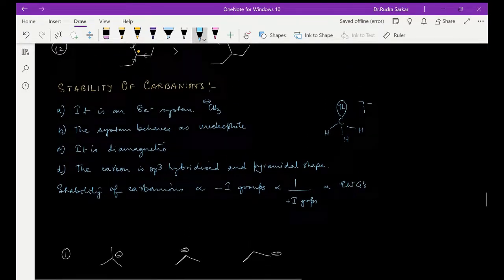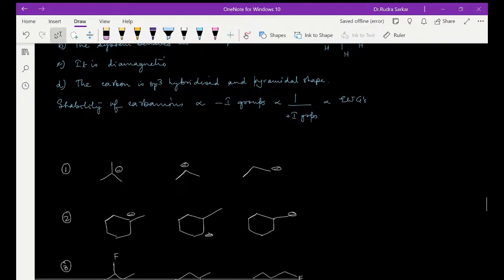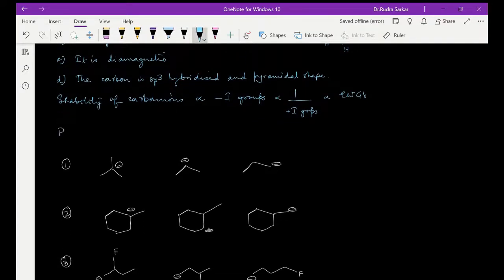Okay, so while judging the stability of carbanions given over here in the practice problems, for stability we'll look for electron withdrawing groups, and for destability we'll look for electron donating groups.